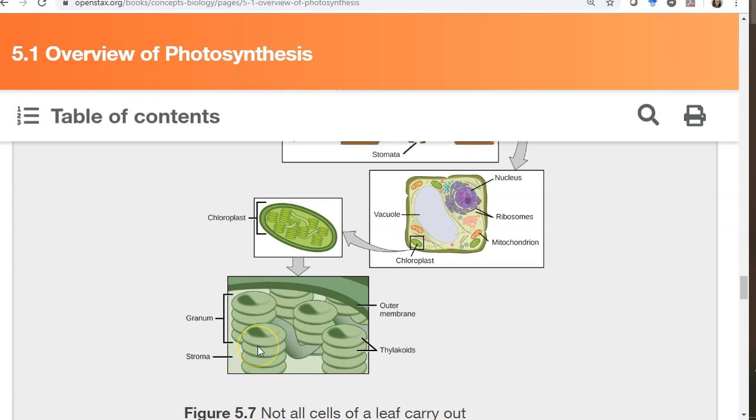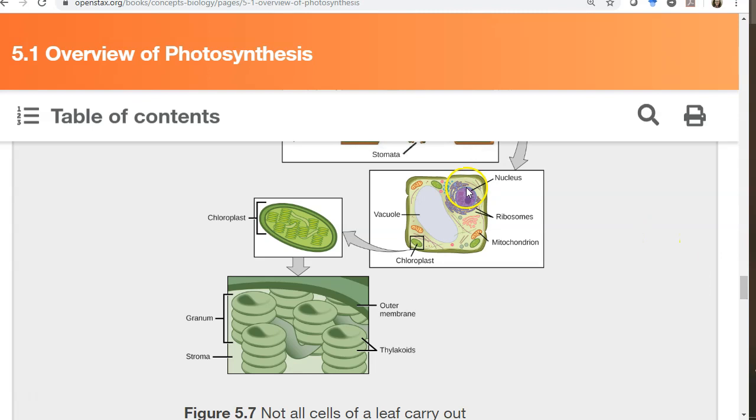And so when we think about the processes of photosynthesis, the light reactions occur in the granum, so that the photon actually strikes the granum, and chemical reactions occur through the membranes. And then the Calvin cycle occurs in the stroma, which is the inner space inside of the chloroplast.